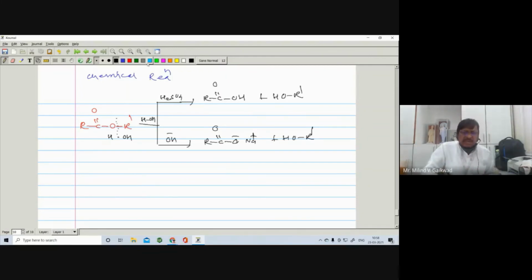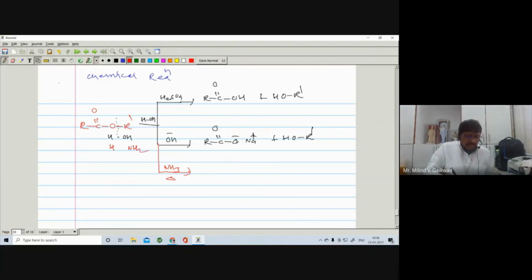The next reaction here, if you react with ammonia, when you heat it, then what happens? Here there is addition of H and addition of NH2, right?